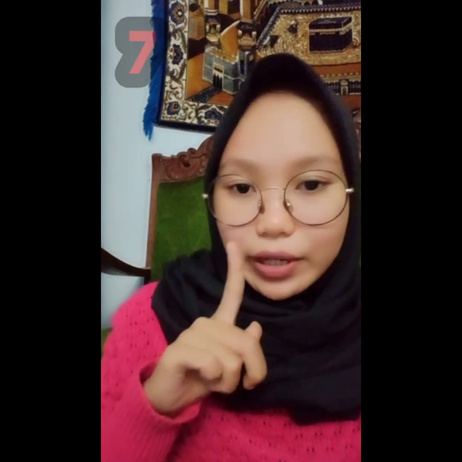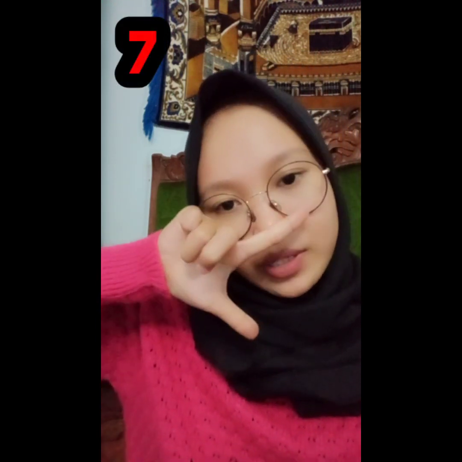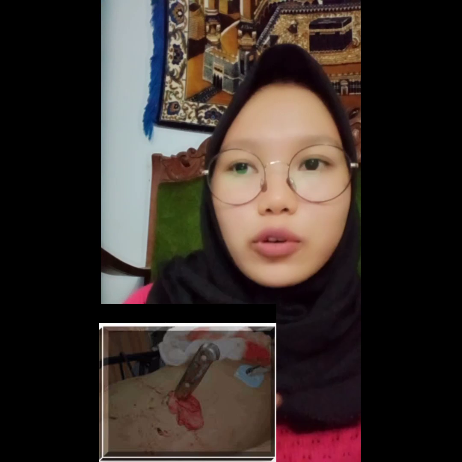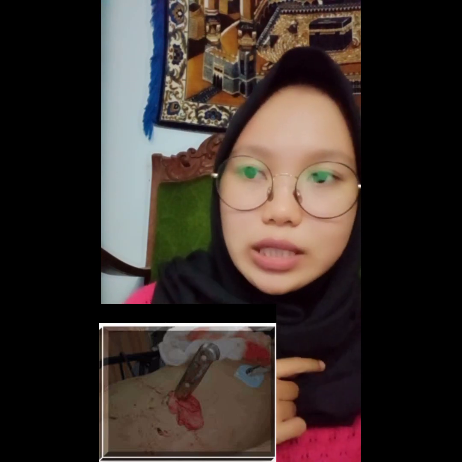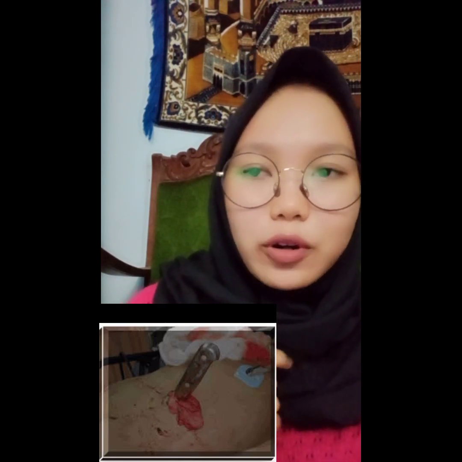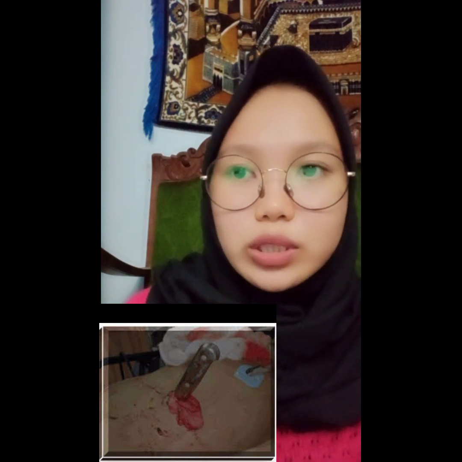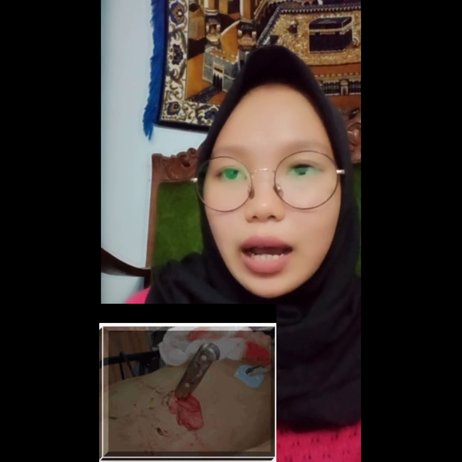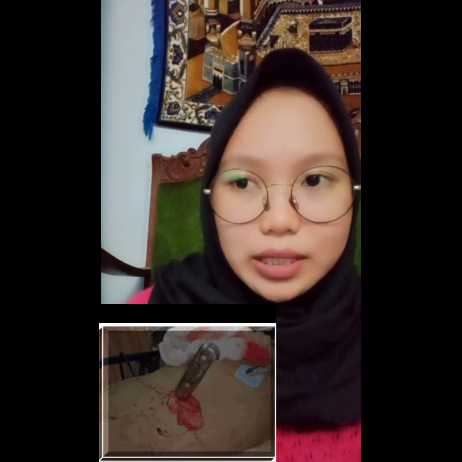Number 7, vulnus perforatum sores. Vulnus perforatum due to sharp weapons such as arrows or spears.